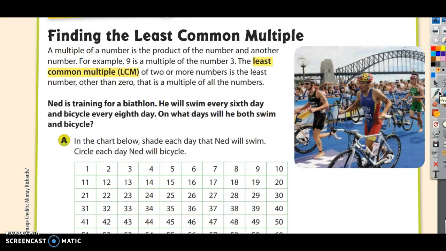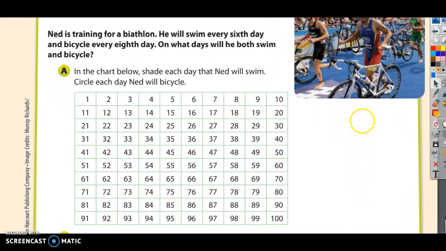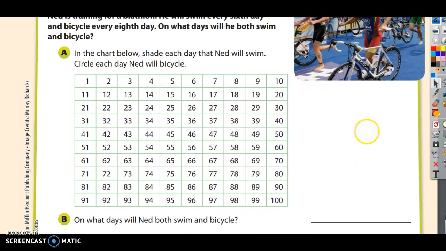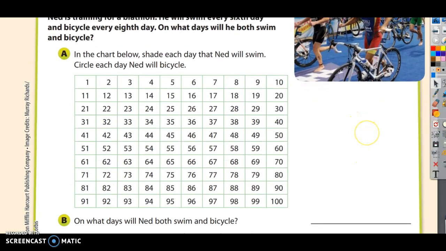And then A asks you to go through this chart. In the chart below, shade each day that Ned will swim, circle each day that Ned will bike. So let's go ahead and do that chart right there. I'm going to maybe color coordinate this just a little bit. In green, I can shade when he swims, and that's going to be every 6 days.